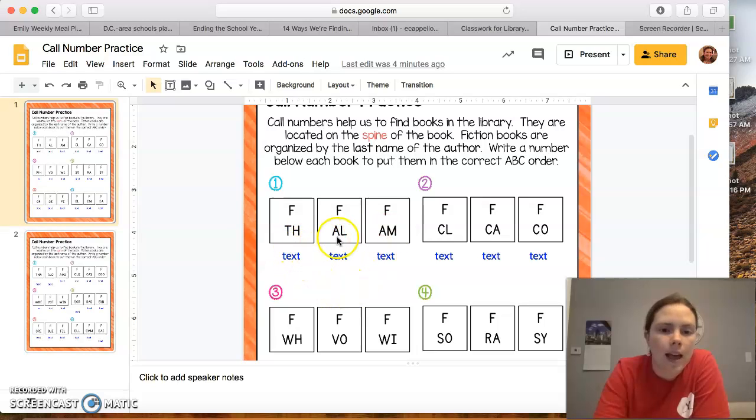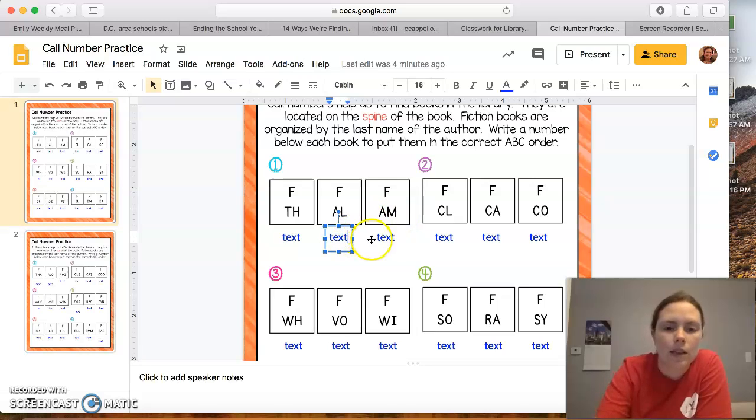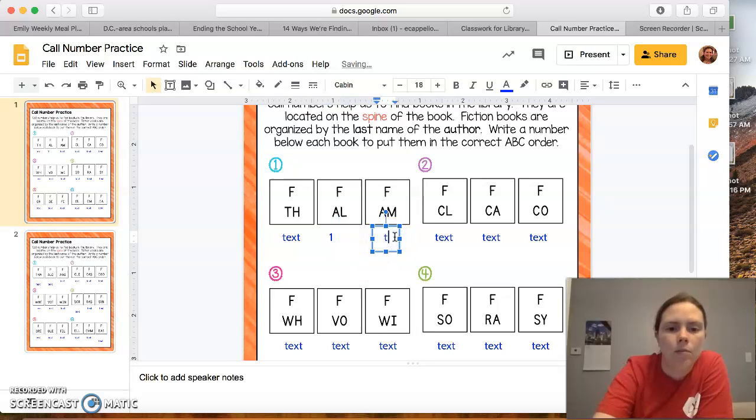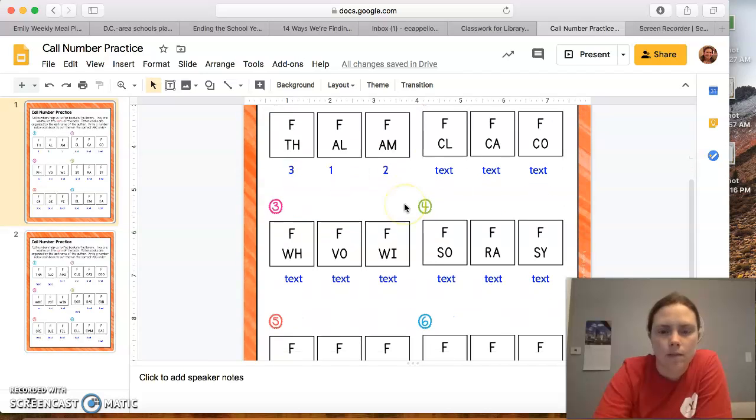So I know that A obviously comes before T, so I'm going to narrow it down to these 2, A-L or A-M. So I know that L comes before M in the alphabet, so to type, I'm just going to click text, and you may have to double click. And then you're going to delete that and give it a number, so that would be the first one, A-M would be the second one, and T-H would be the third one. Okay, so you're just giving it a 1, 2, or 3 to put it in the correct order.